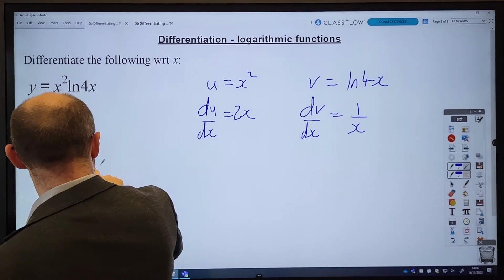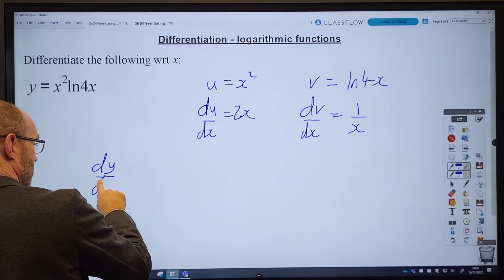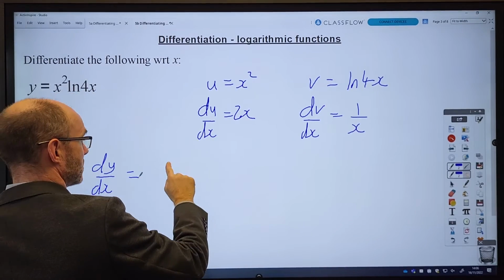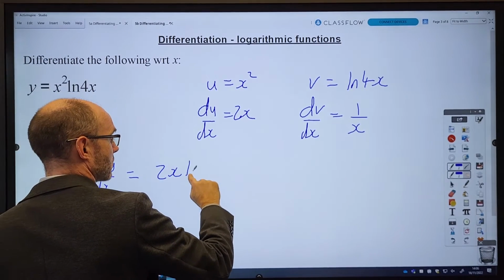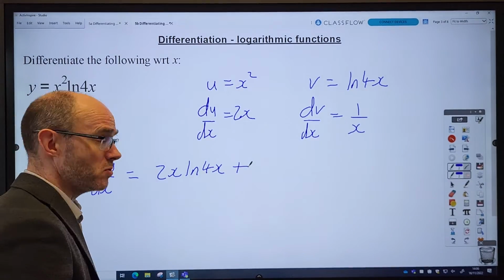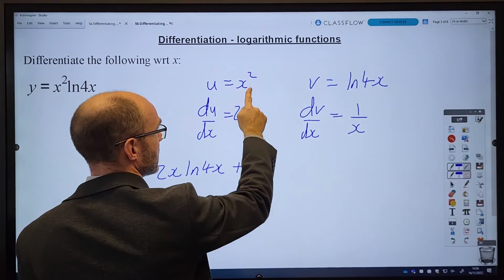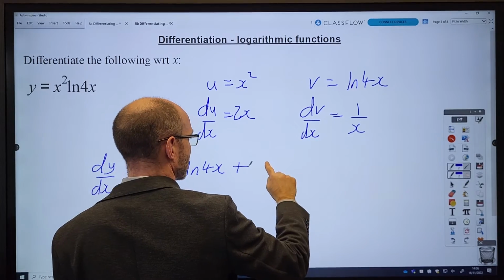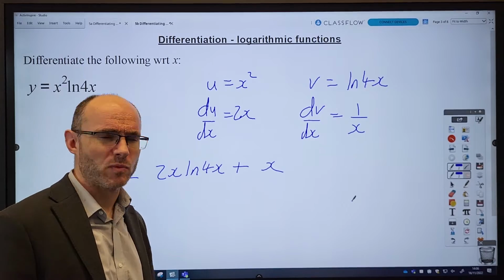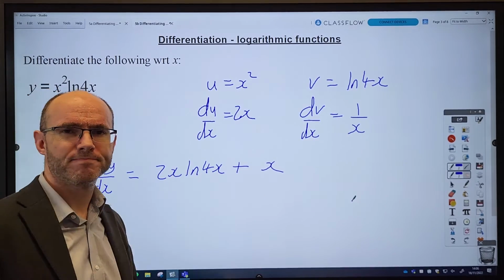And then dy/dx is equal to v du/dx, so that multiplied by that, so 2x natural log 4x, and then plus, using the product rule, u dv/dx, so x squared times 1 over x, that's just x. And we can't actually simplify it any further, can we? So that's just our answer. Nice and simple.